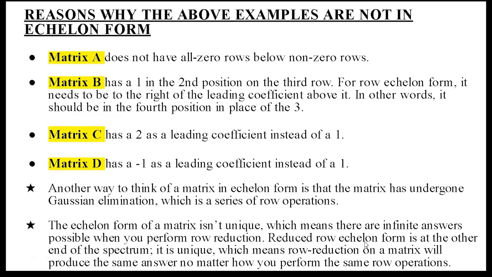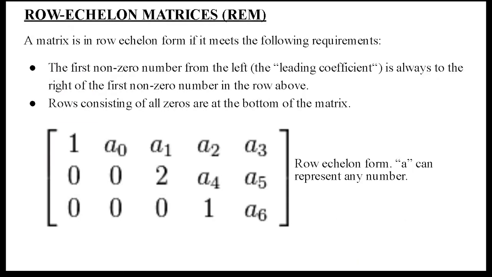Row reduced echelon form is at the other end of the spectrum. It is unique, which means row reduction on a matrix will produce the same answer no matter how you perform the same row operations. What is row echelon matrices, REM? A matrix is in row echelon form if it meets the following requirements.